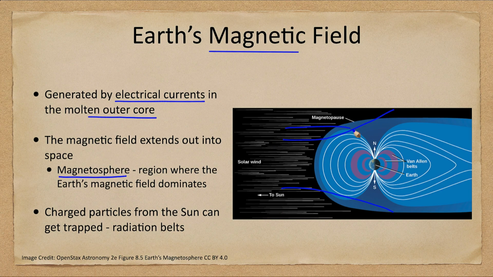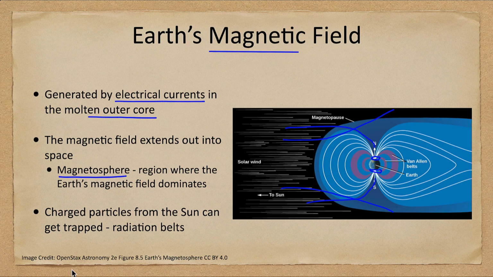Or in some cases they come around it and they funnel in toward the poles. So this is where we're going to get the aurora near the north and south magnetic poles, because of where they happen to get the particles in. But it protects us from this bombardment of solar wind particles and other cosmic rays from space.